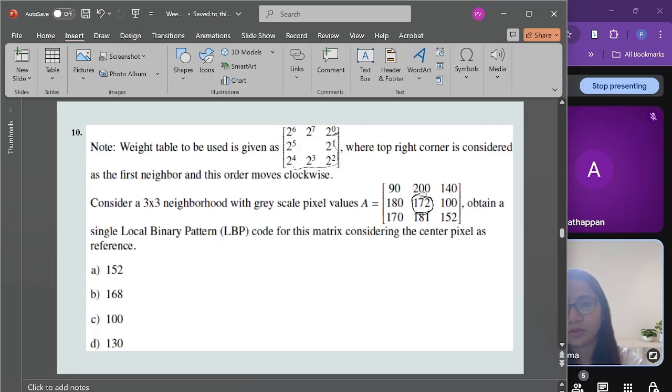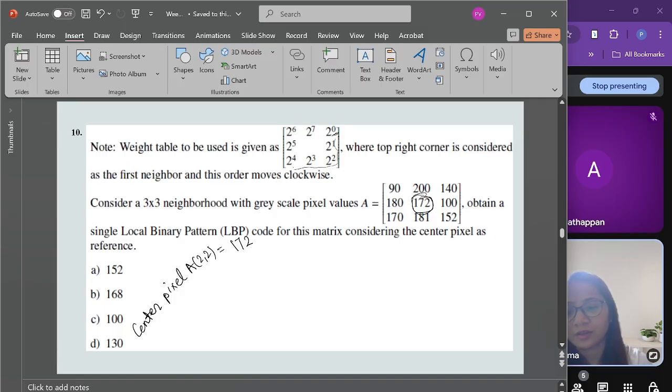So this is a 3 cross 3 neighborhood with grayscale pixels. The center pixel, at 2 comma 2, in the second row, has a value of 172.